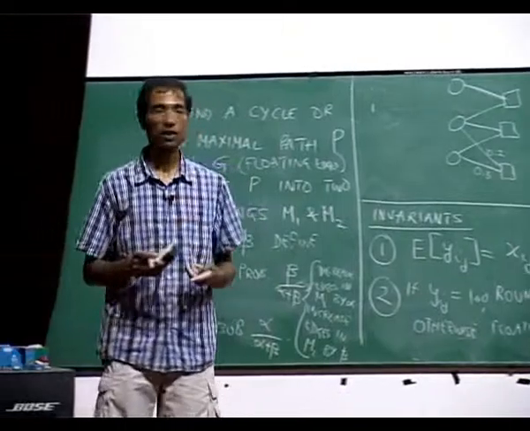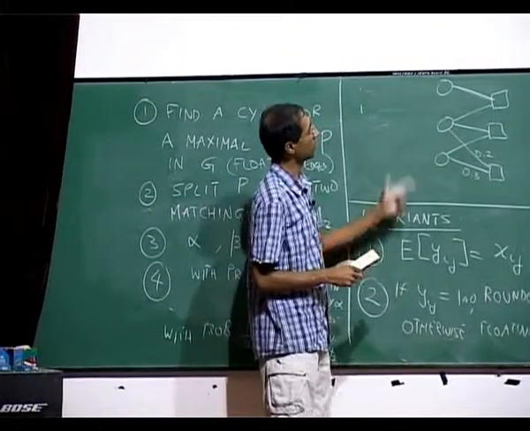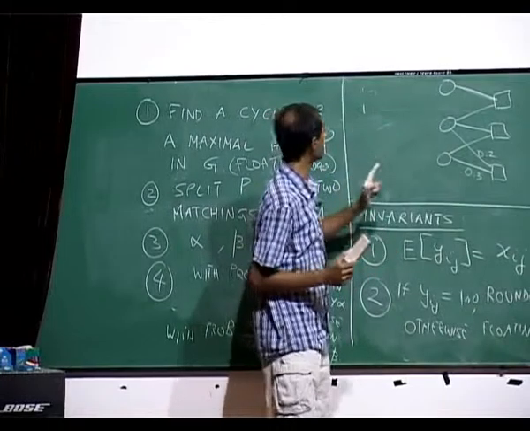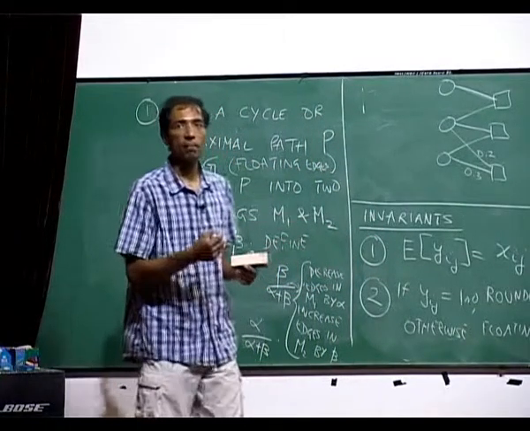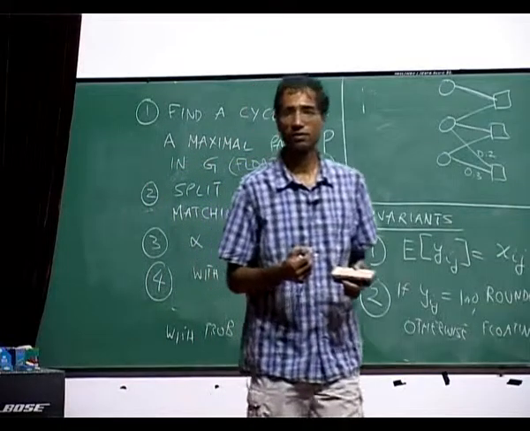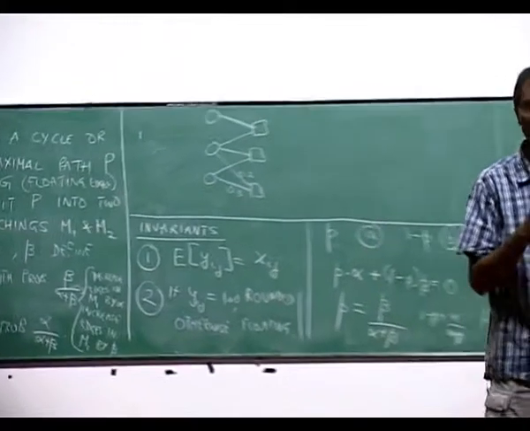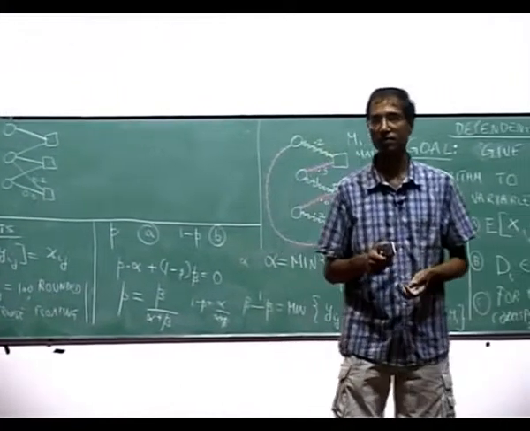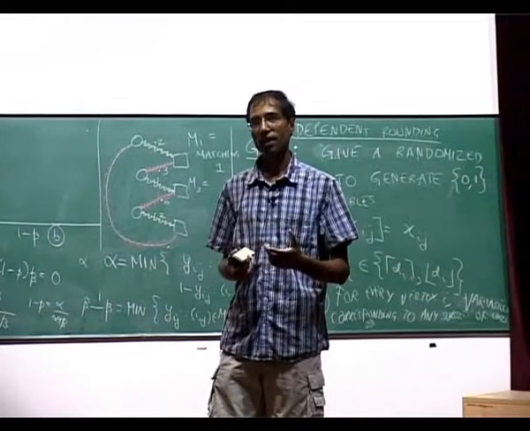That's also a question. So what we will do is, okay, let me pose the question to you. How would you go about finding a cycle or a maximal path in a graph? Good. You start anywhere and you keep moving.